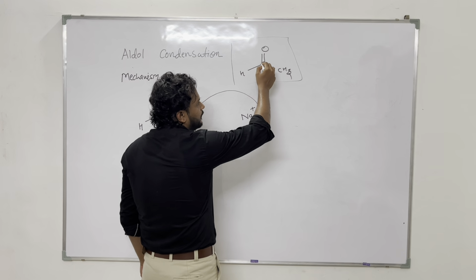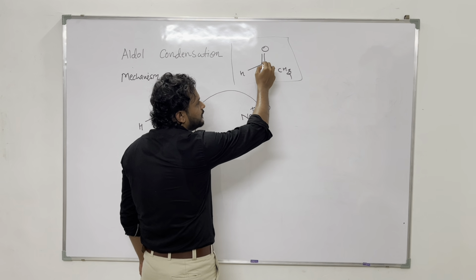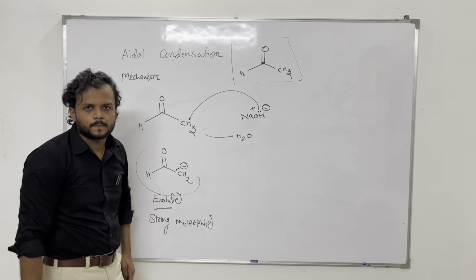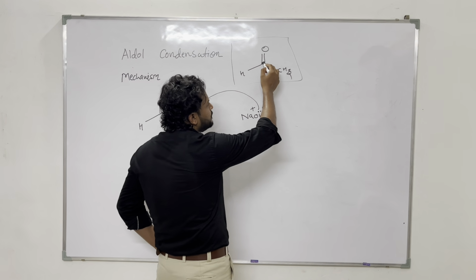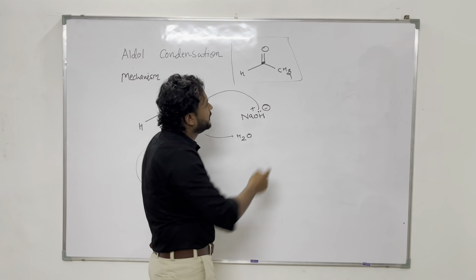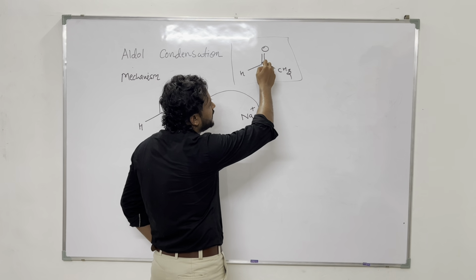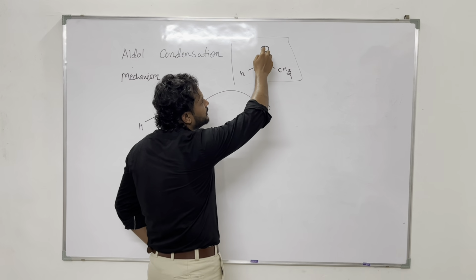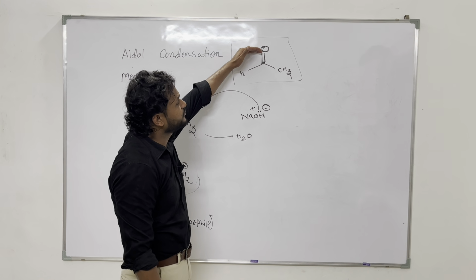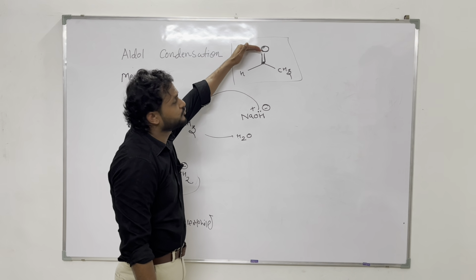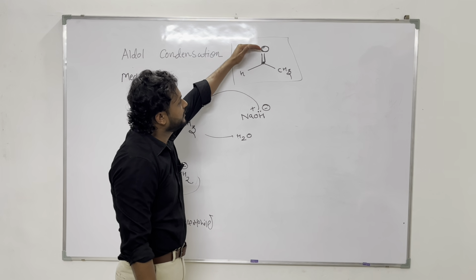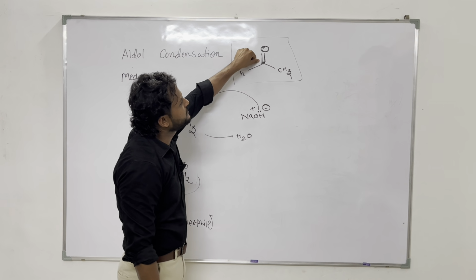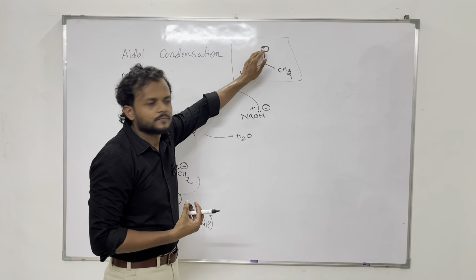This carbonyl carbon is the electrophilic center. This carbon is more electrophilic because it is attached to oxygen in the pi bond system. Oxygen is highly electronegative, and that oxygen is going to pull the electron density towards it.